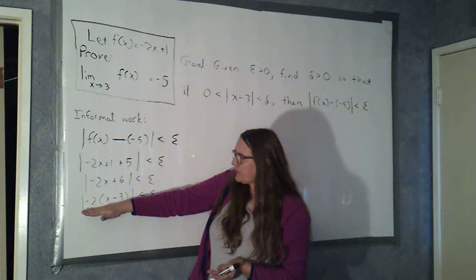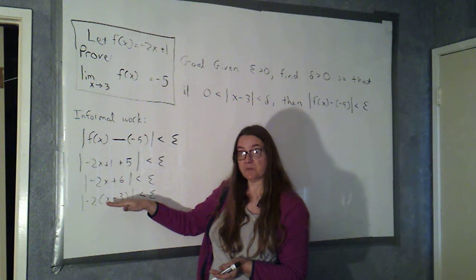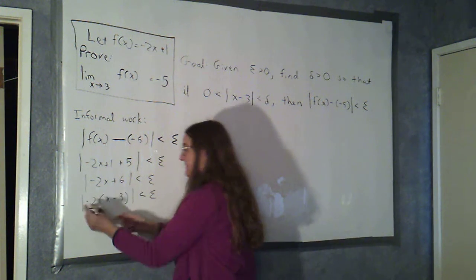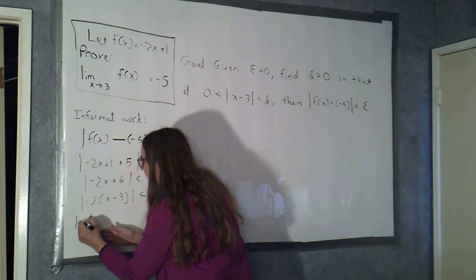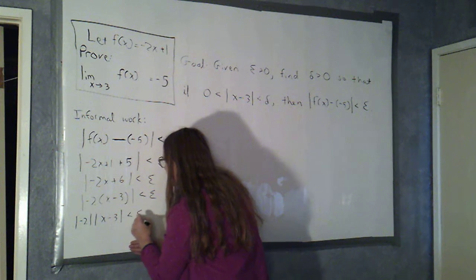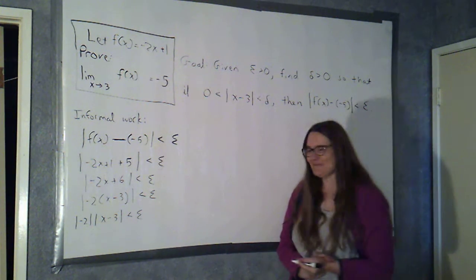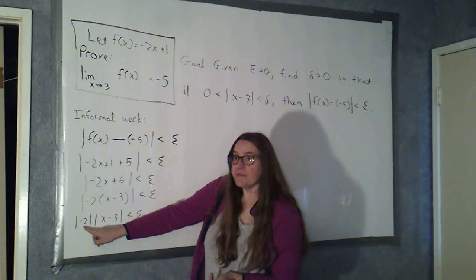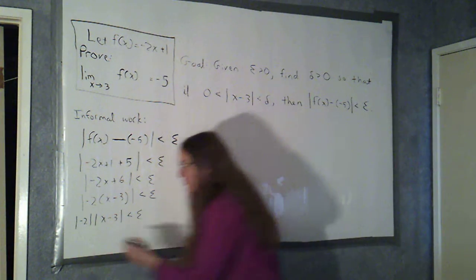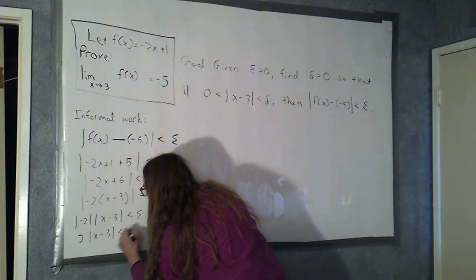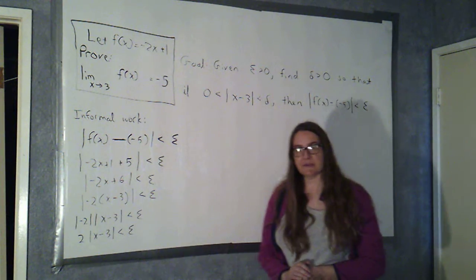Now, absolute values distribute over multiplication. So, rather than multiplying and then taking the absolute value, I can take the absolute value of each piece and then multiply them. And that's what I want to be less than epsilon. But I know that the absolute value of negative 2 is just 2. So I want 2 times the absolute value of x minus 3 to be smaller than epsilon.